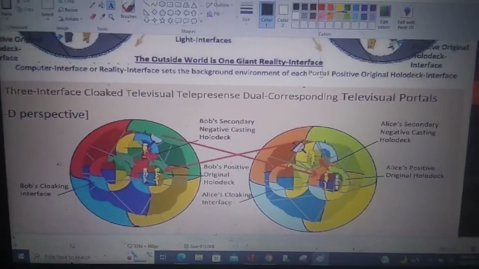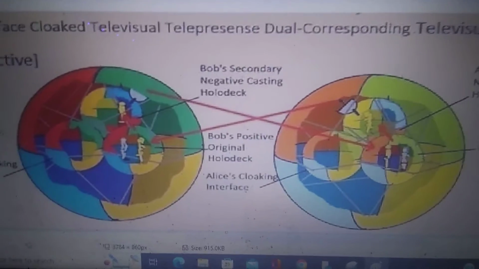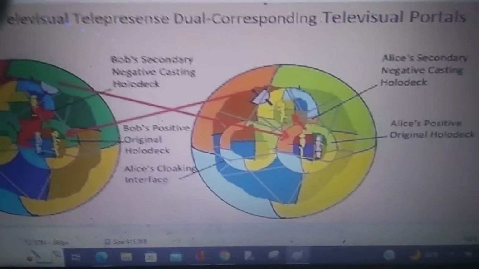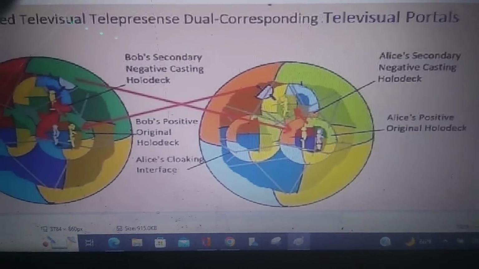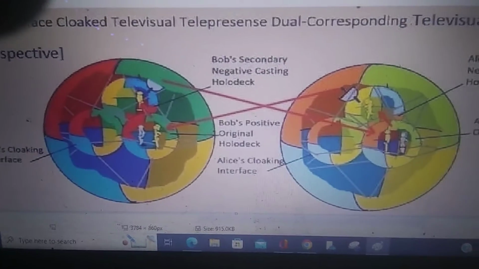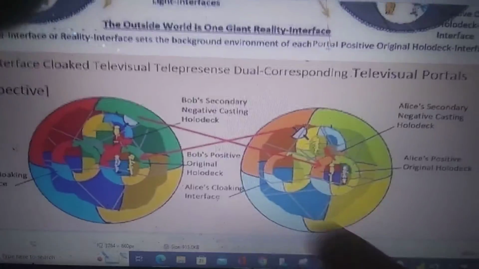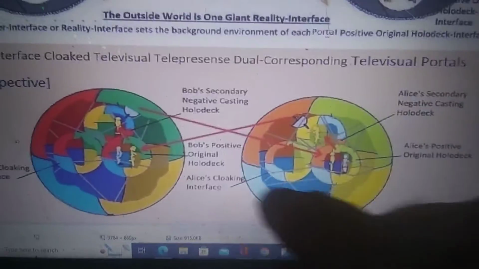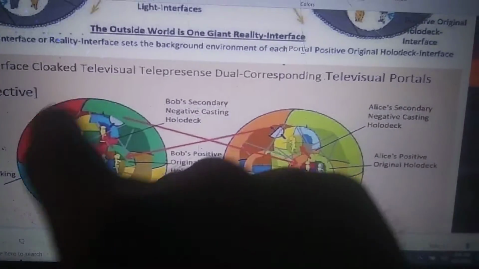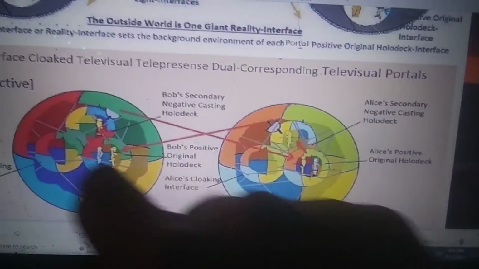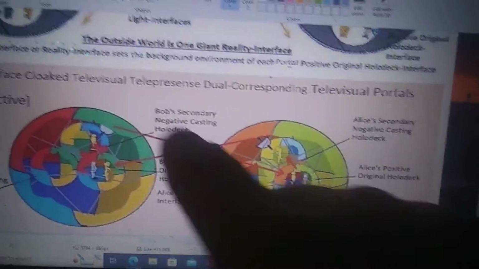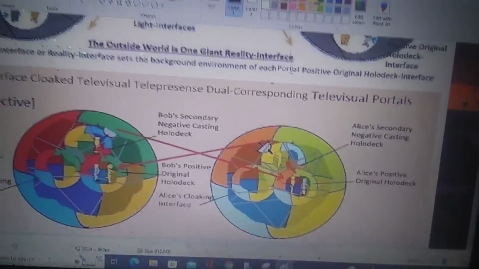The three-dimensional perspective again shows Bob's and Alice's holodecks and negative holodecks and cloaking light interfaces. And these are the counterpart to the puppet. The thing that moves is the oscillations, the change of mirror worlds. These are the oscillations. That's the part of an orb or a portal that moves.